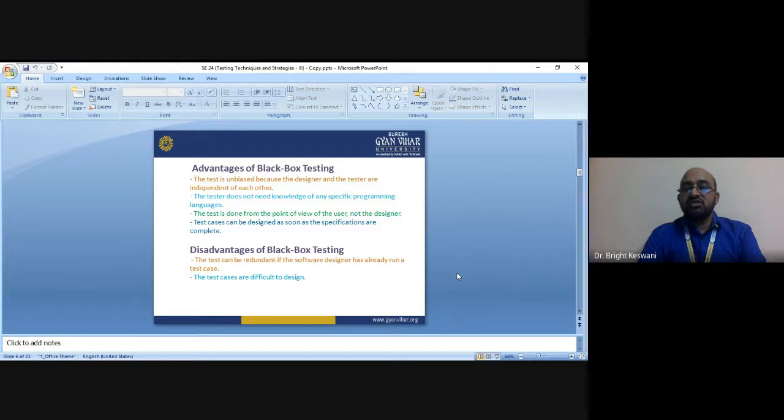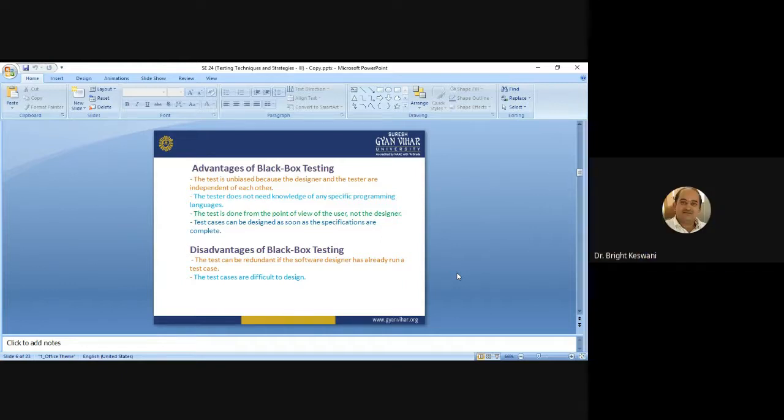The next advantage is that the test is done from the point of view of the user, not the designer, because we concentrate only on the output produced by the system. Being a tester, we are not looking at the system from the point of view of the designer.